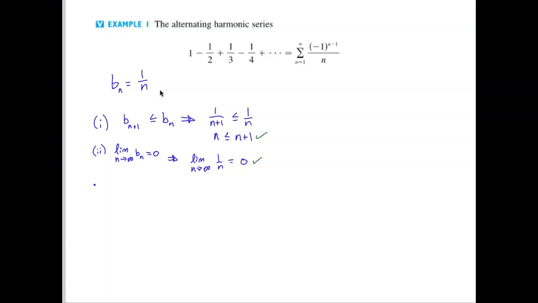And then we'll just say, okay, both conditions are satisfied, therefore the sum of (-1)^(n-1) over n converges by the alternating series test.